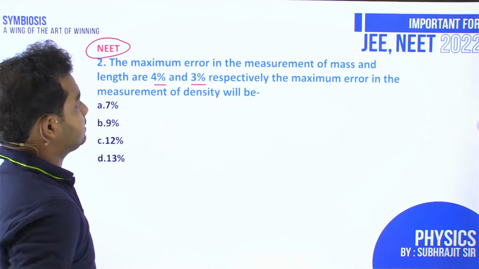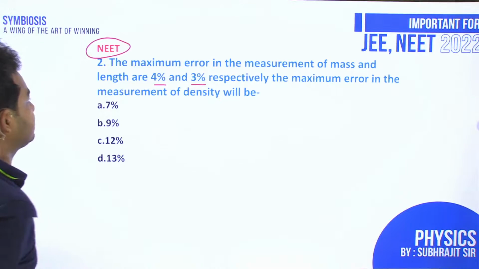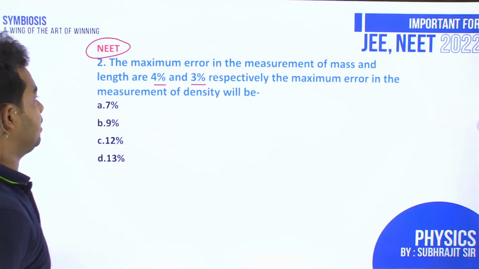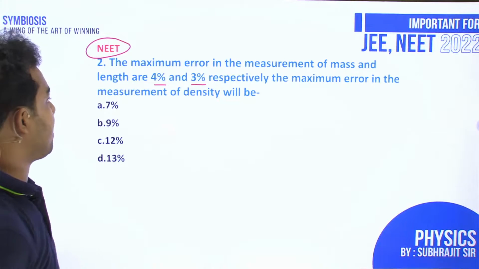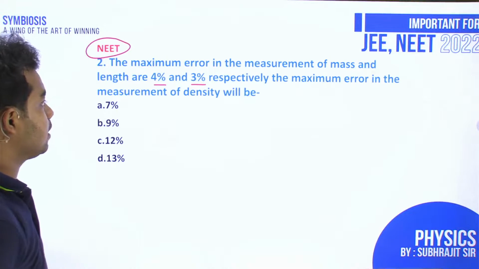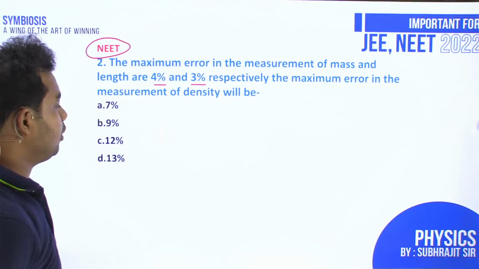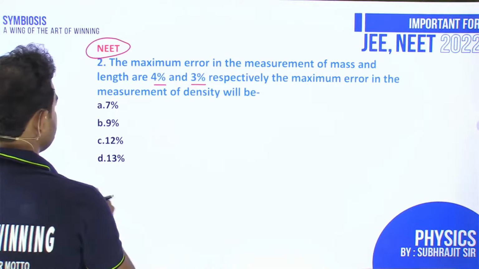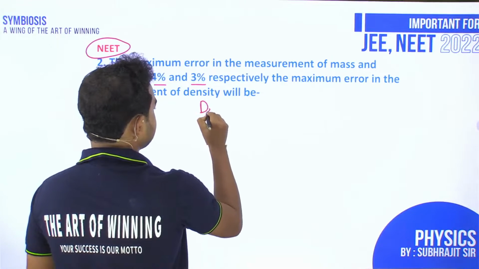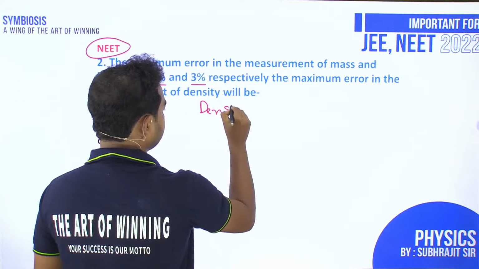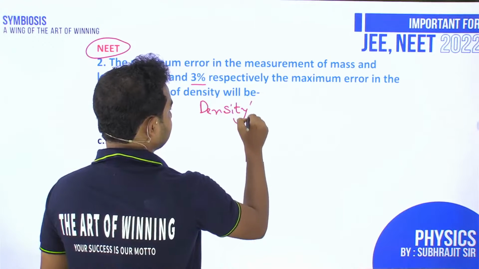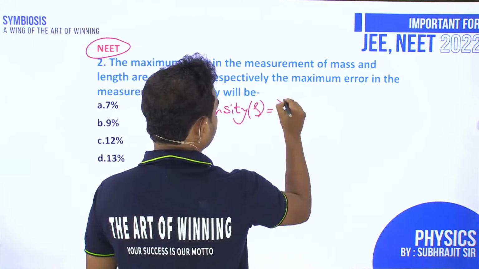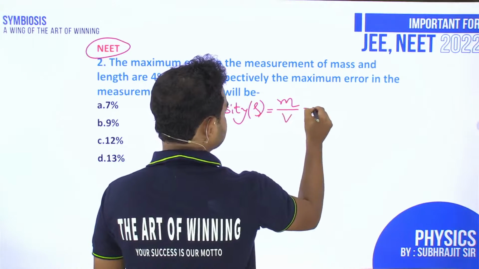So here the given quantities are the maximum errors in the measurement of mass and length, and you want to find the maximum error in the measurement of density. So density rho equals m by V, mass by volume.